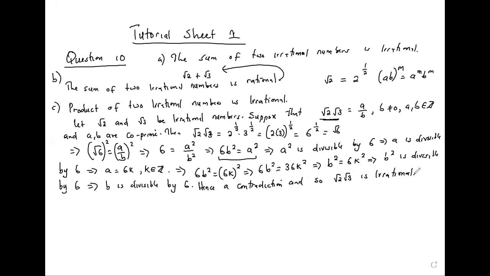So I've accepted that the product of two irrational numbers is irrational. The reason why I was a bit fast when showing that root 6 is irrational is because we showed that root 2 is irrational. So the same way you show that root 2 is irrational, the same way you show that root 6 is irrational. So we're just multiplying. Where there is 2, now we're putting 6, and then seeing the effects of 6 throughout.